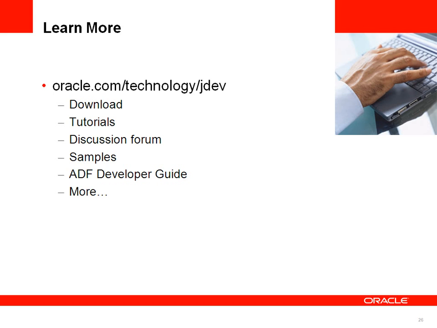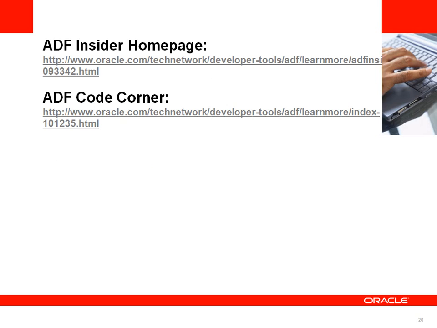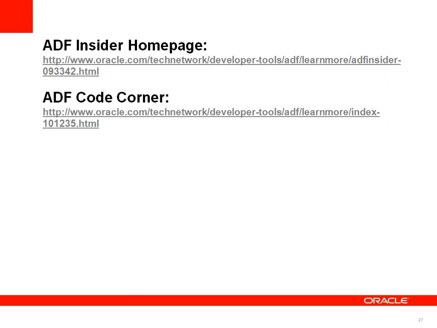If you want to learn more about ADF in general, just go to the Oracle JDeveloper homepage, which is on oracle.com technology JDev, where you can find downloads, tutorials, you have access to the discussion forums, you find samples and the developer guides that we continue writing on. The ADF Insider homepage is listed here.